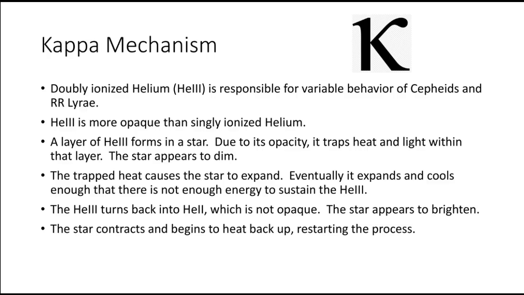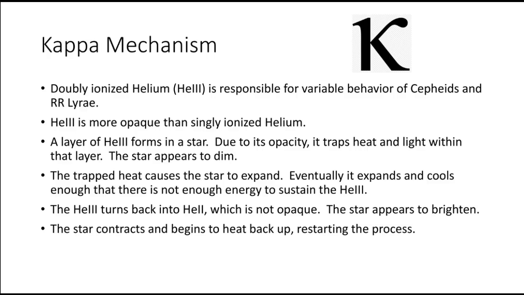You needed a certain temperature to doubly ionize that helium. Once the star expands enough that its temperature drops, that doubly ionized helium will start to capture electrons and become singly ionized helium again. Singly ionized helium is not that opaque, and so the photons that were getting trapped are now able to pass through that layer and escape the star, and so the star brightens back up.